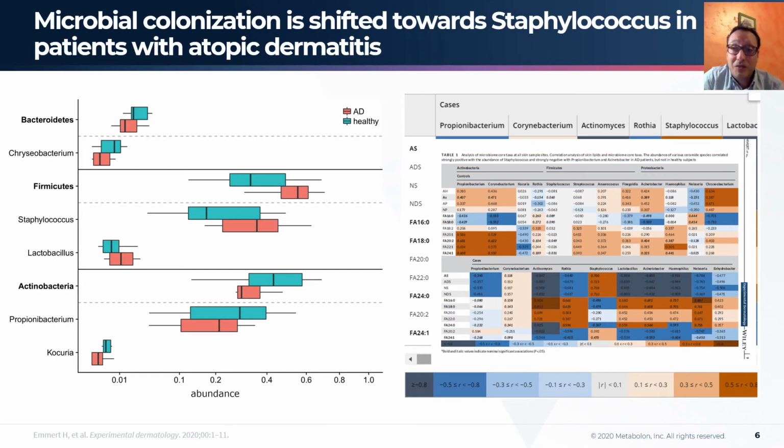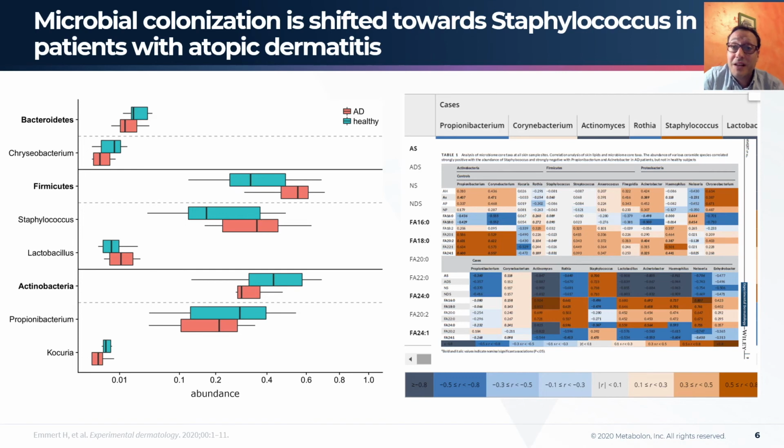Further, in atopic dermatitis patients, the abundances of Rothia, Actinomyces, Lactobacillus, Acinetobacter, Haemophilus, and Neisseria showed a strongly positive correlation with abundances of saturated short-chain fatty acids, such as fatty acid 16O and fatty acid 18O.